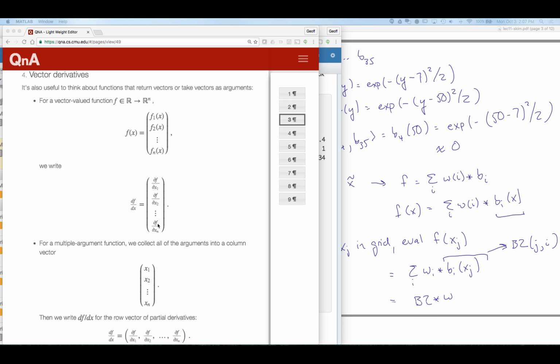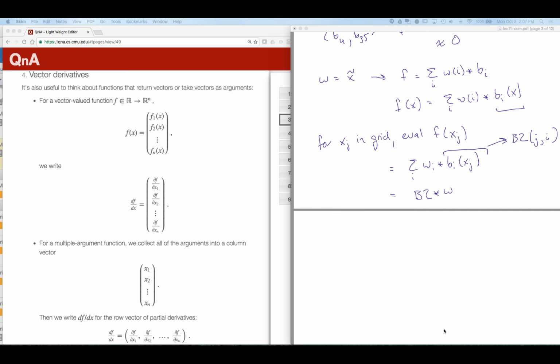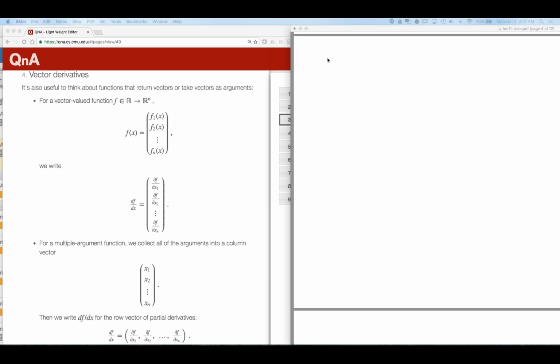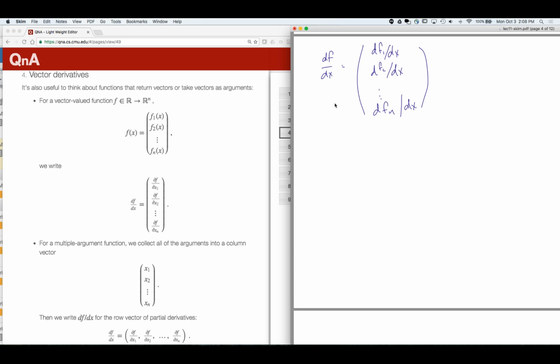This should read that df/dx is equal to the vector df1/dx, df2/dx, all the way up to dfn/dx. I'll try and fix that after lecture.